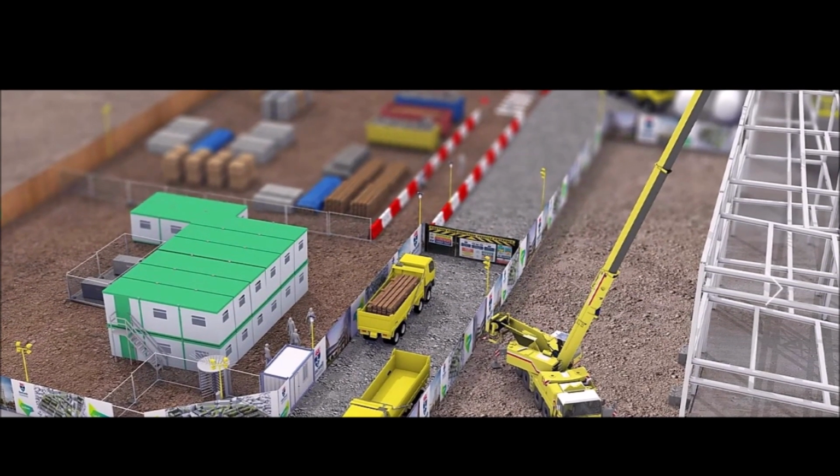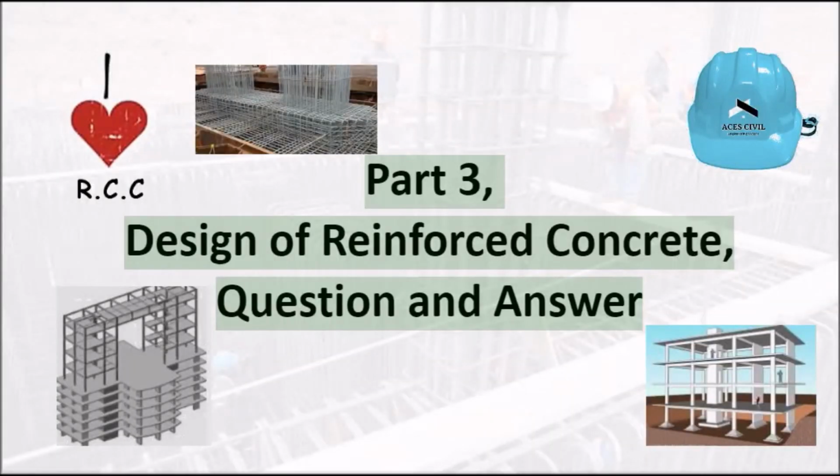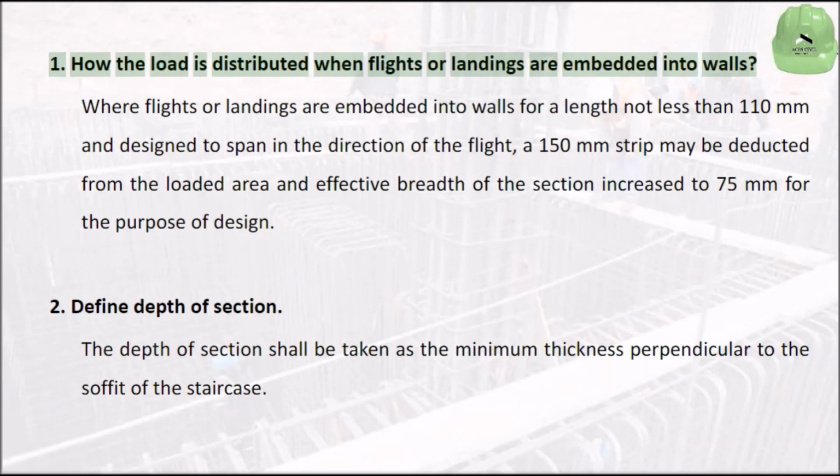In today's video we are going to discuss Part 3, Design of Reinforced Concrete, Question and Answer. 1. How is the load distributed when flights or landings are embedded into walls?